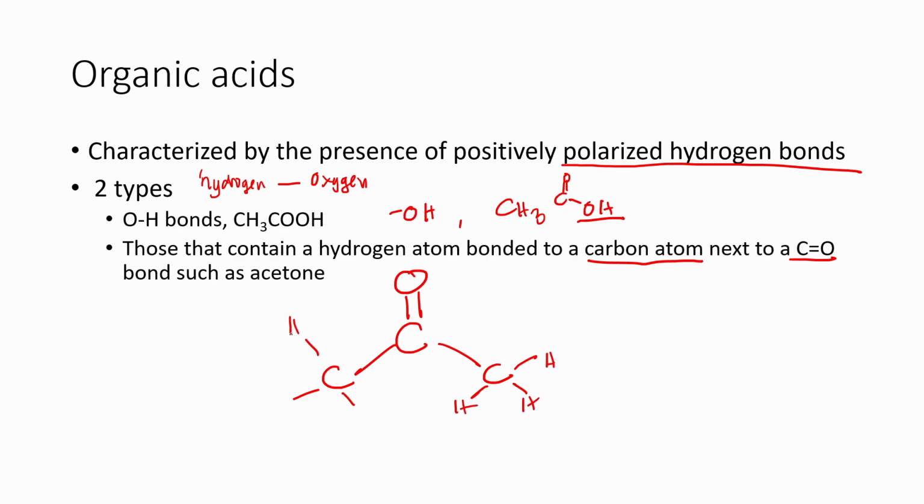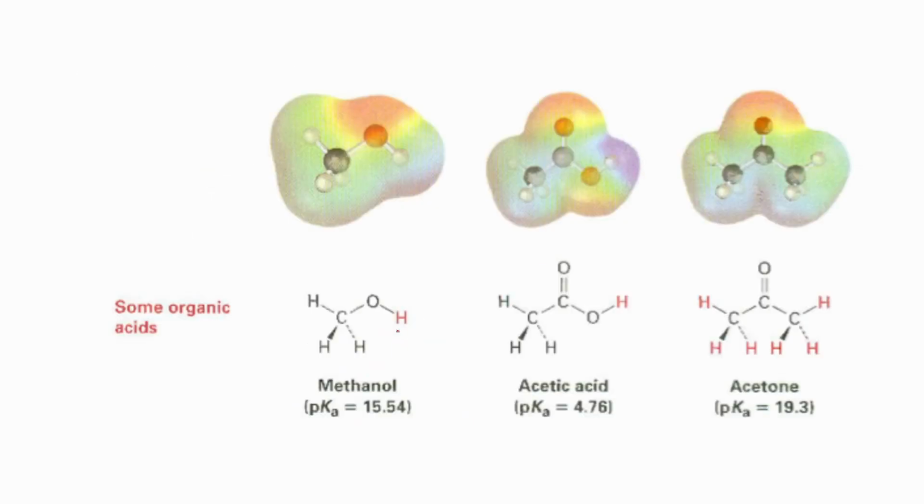Okay, so in this description, hydrogen atom bonded to a carbon next to a carbonyl group, this fits the description of our organic acid. So here are some examples of our organic acids. We have methanol, an alcohol, acetic acid, and we have our acetone.